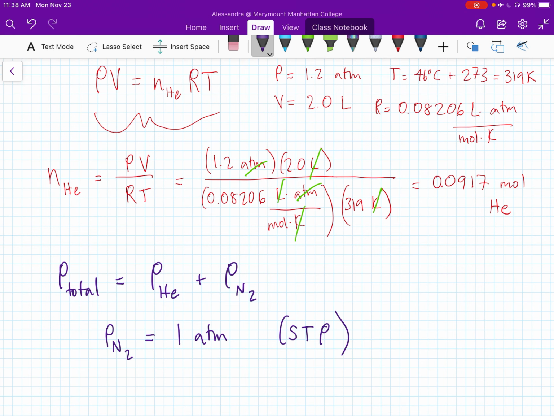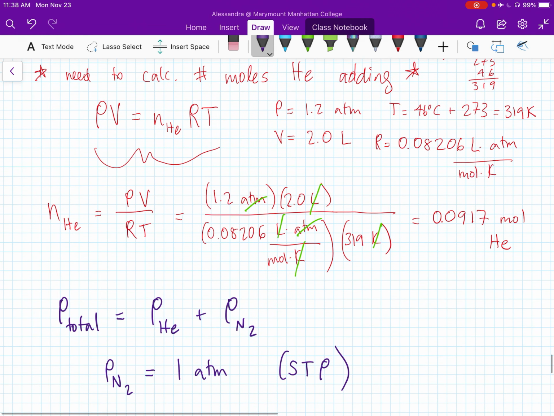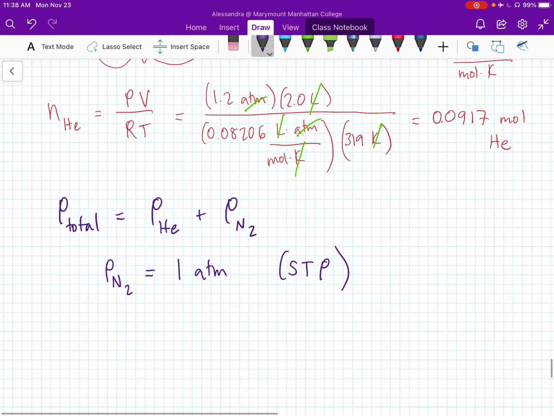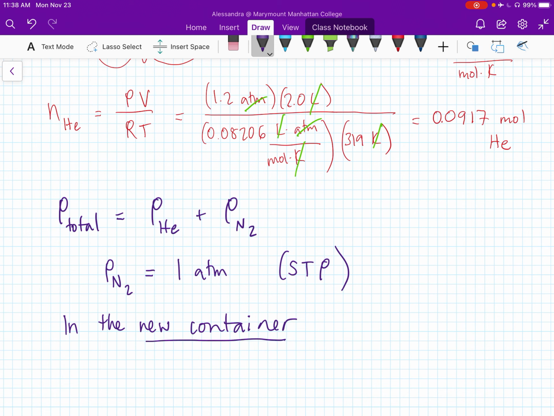Now, we knew the pressure of helium before it was added, but this doesn't apply to the new container. So we need to think about the new container and what the pressure of helium is going to be in that new container. In the new container, the pressure of helium is going to be given by the number of moles of helium times RT over the volume of that new container.